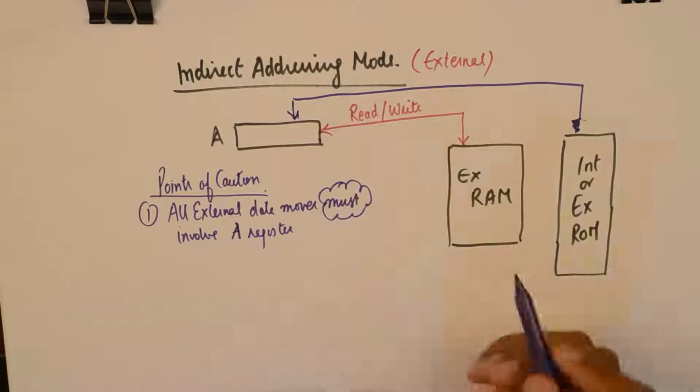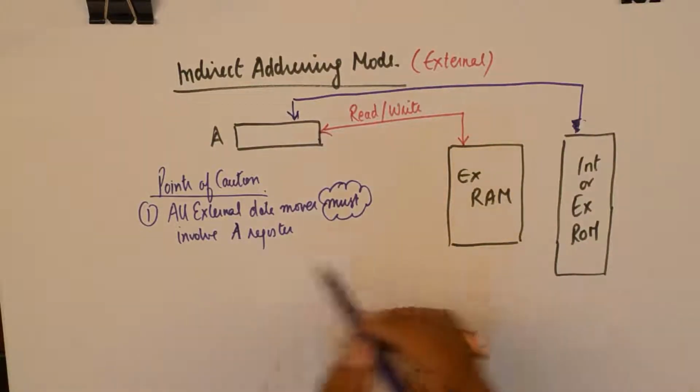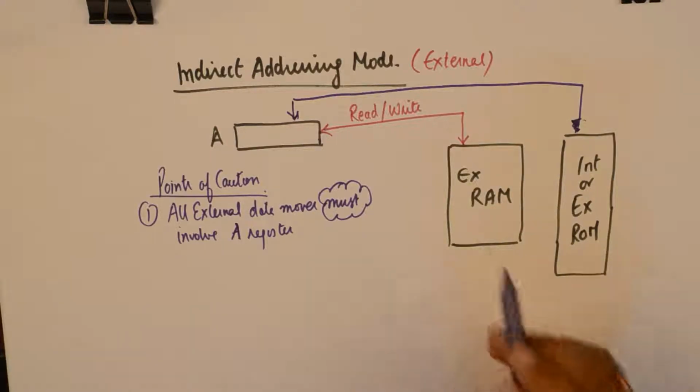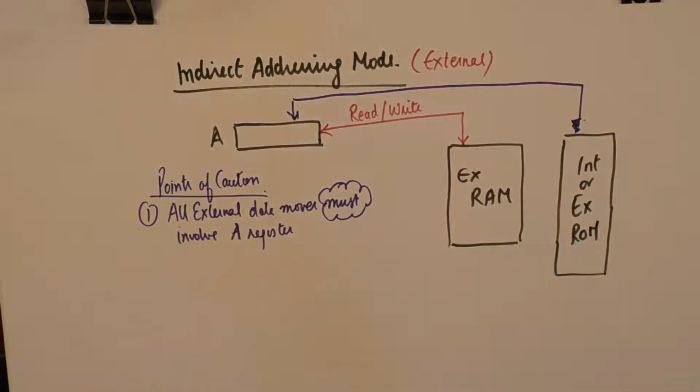As I said in the beginning of the tutorial, all the external moves from RAM or ROM must involve a register. In other words, if we want to send something to some external RAM or ROM, we must put that data into A and then send it.